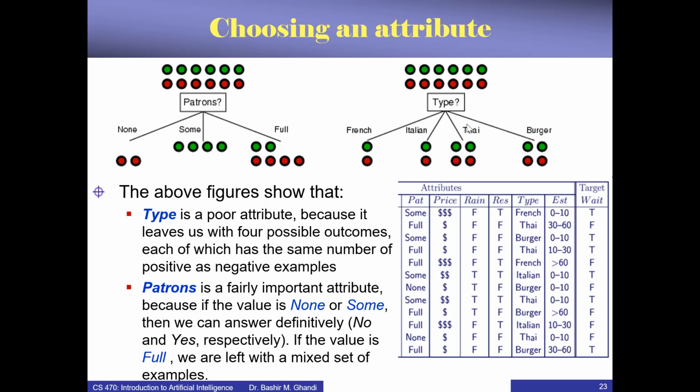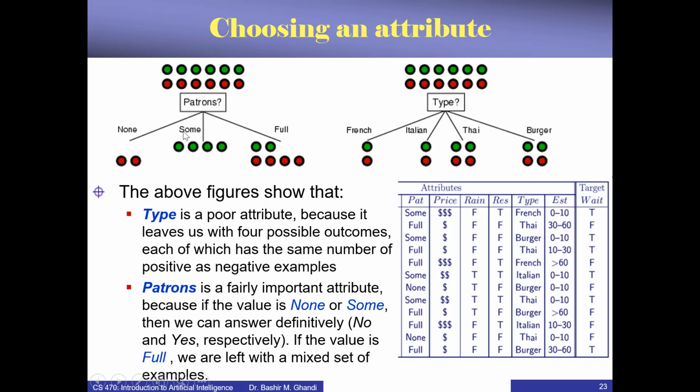All right, so we have seen so far that generating a decision tree from a set of examples simply requires picking an important attribute and then splitting the examples based on the values of that attribute.